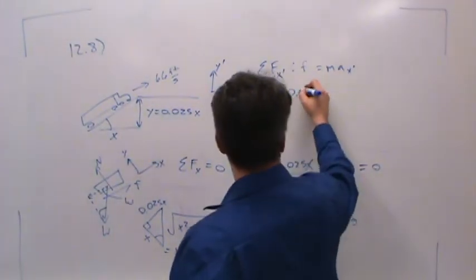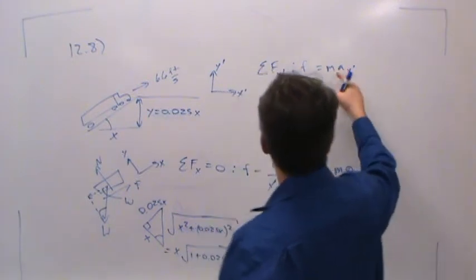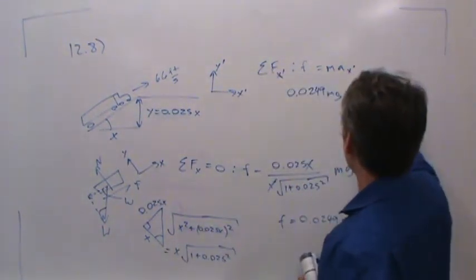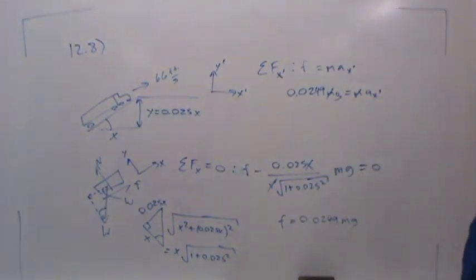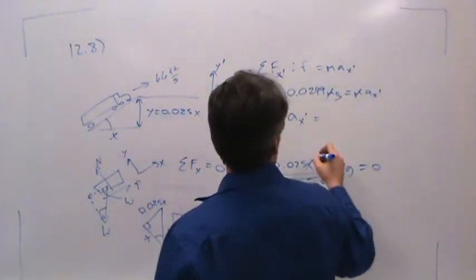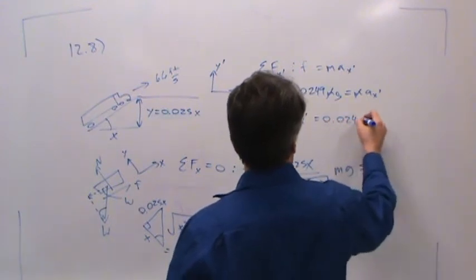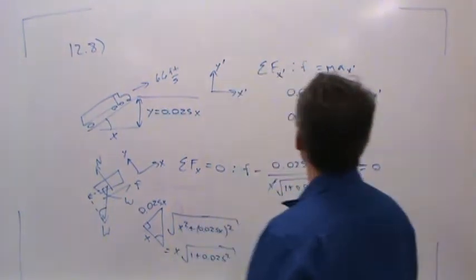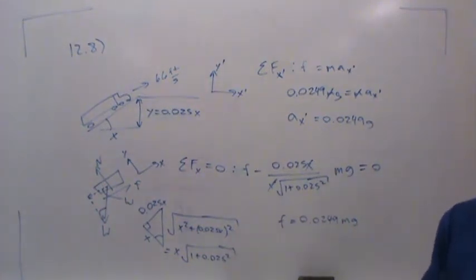It's 0.0249 mg, and that's equal to max prime. Notice the mass goes away, so they didn't actually have to give us the mass of the vehicle. And therefore, the acceleration in the x prime direction is just 0.0249 times g. Did we need the 66 feet per second? Not at all. We haven't even used it.